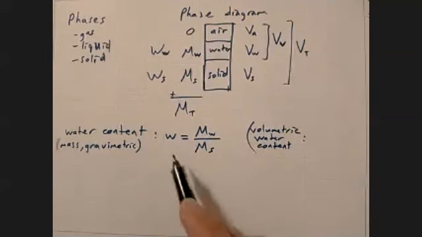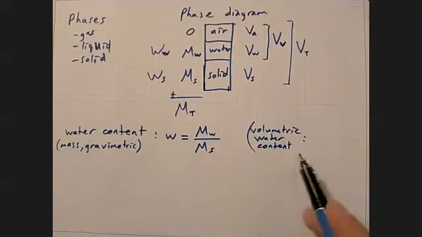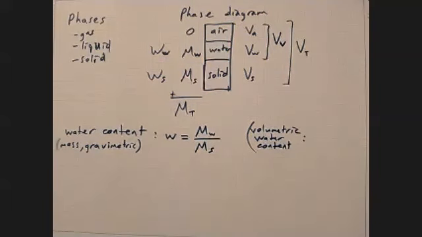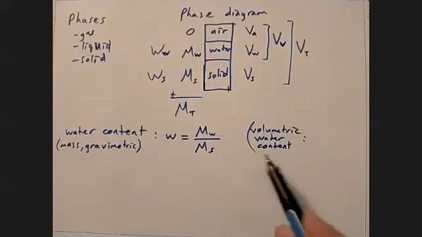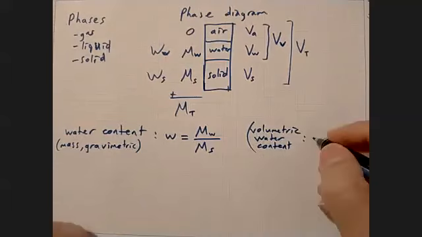That's because determining masses or weights is much easier than determining volumes in soil. However, other disciplines often use this. Environmental engineers, agricultural engineers, they use this volumetric water content a lot.